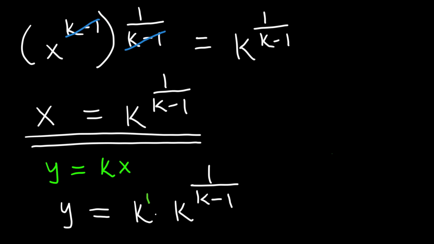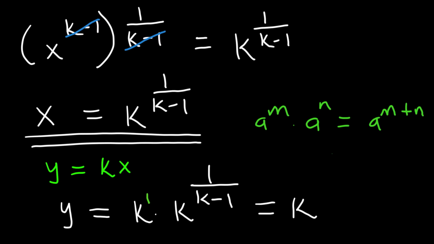Now from the rules of exponents, whenever you have, let's say, a raised to the power of m times a raised to the power of n, this is equal to a raised to the power of m plus n. This means that y will be equal to k raised to the power of 1 plus 1 divided by k minus 1.